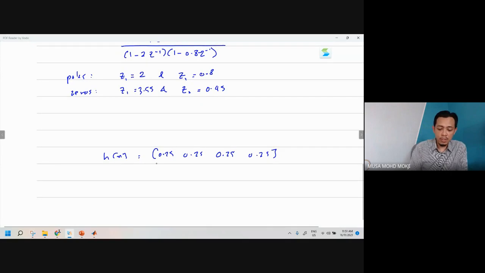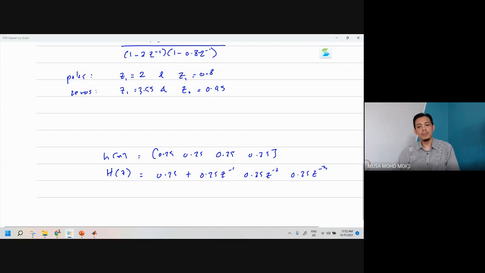So if you do H(z), you will get 0.25 plus 0.25 z^-1, 0.25 z^-2, 0.25 z^-3. So you will get that one.